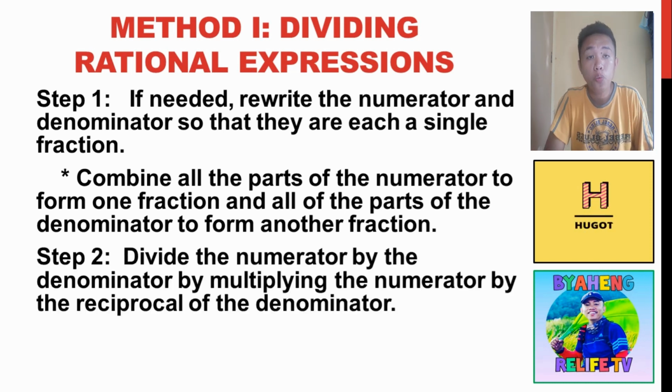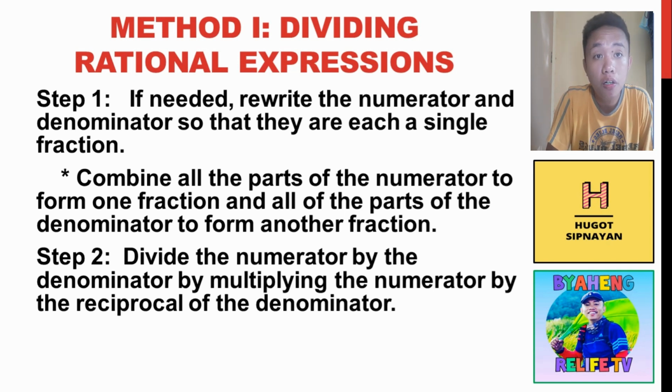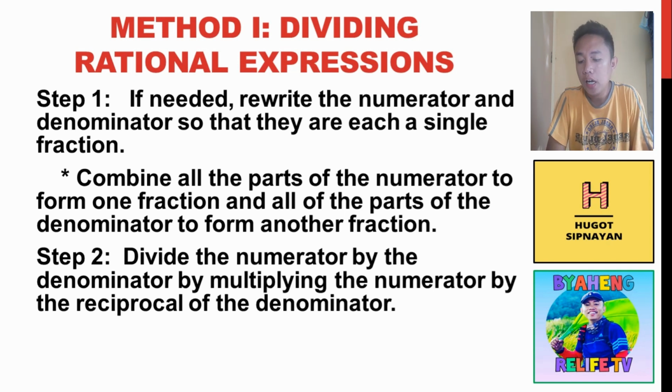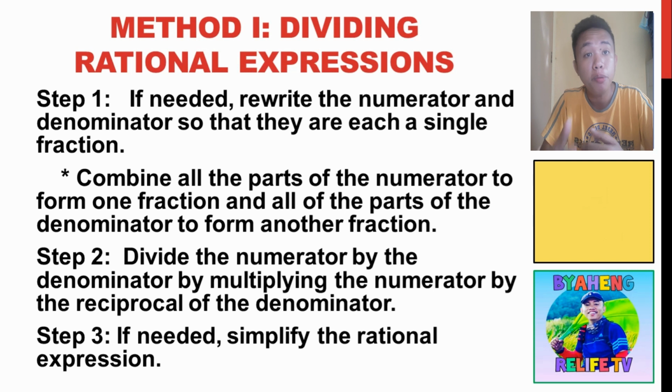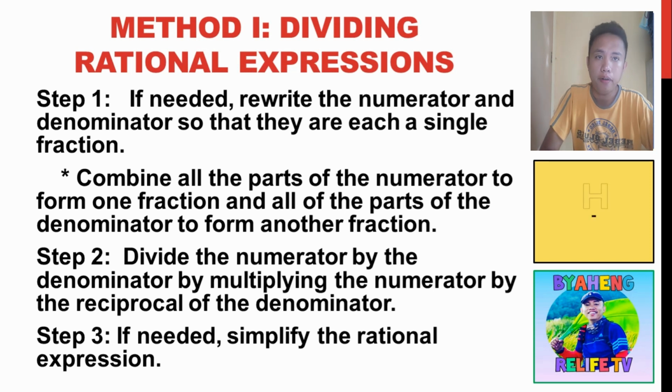For step number 2, we divide the numerator by the denominator, which means multiplying by the reciprocal of the denominator, or what we call the divisor. After that, we proceed to multiplication by simplifying the common factors.